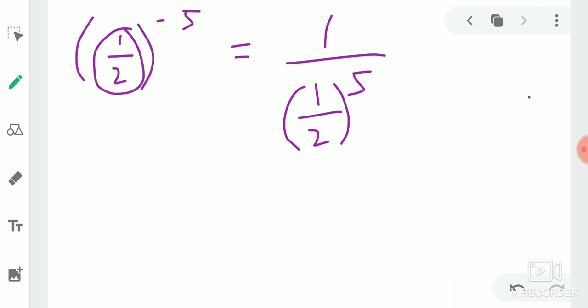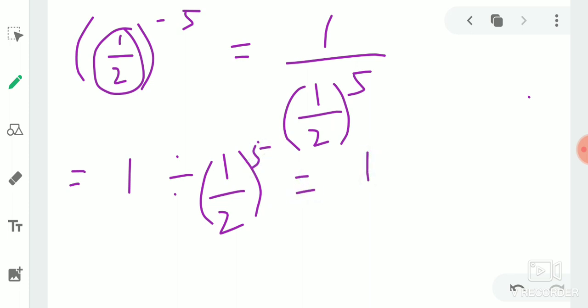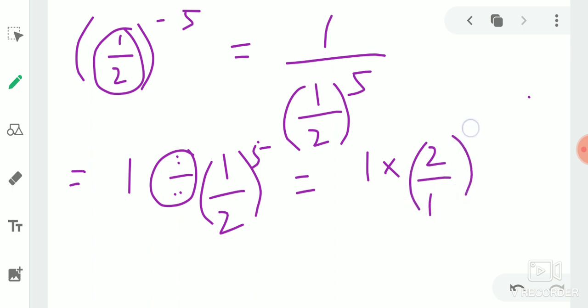For simplification, we change this division into multiplication by taking the reciprocal, meaning 2 by 1 raised to power 5.